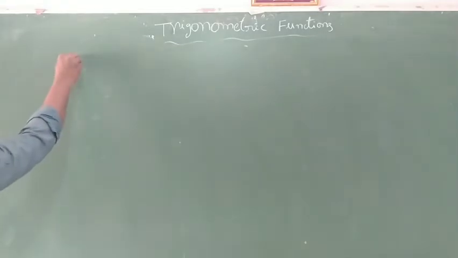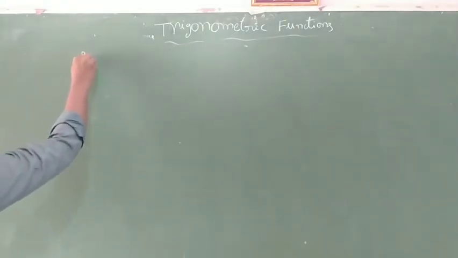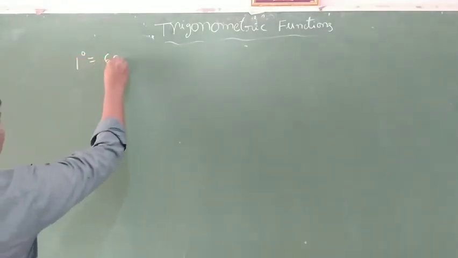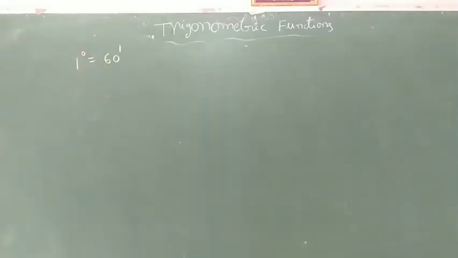Next one. 1 degree is equal to 60 minutes. The minutes symbol is 1 with power 1.